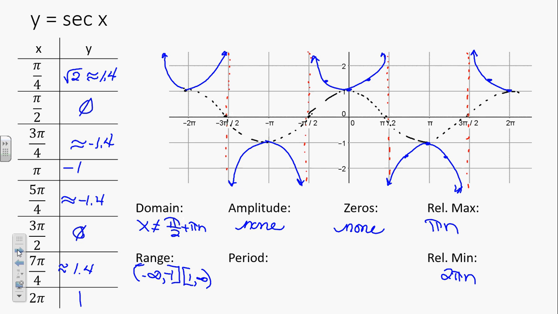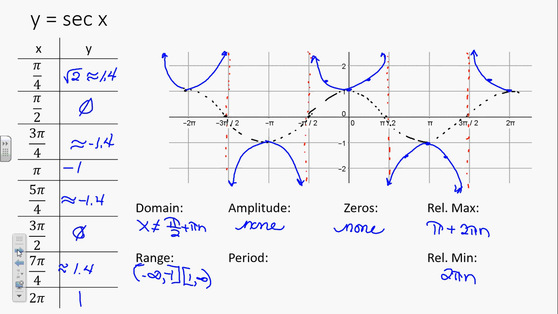We're at pi, and then 2 pi away. Yeah, so the relative max is going to be pi plus 2 pi n. Anyone see why? We get a max every 2 pi away from pi. Starting at the negative pi or this pi, every 2 pi we get a new one.